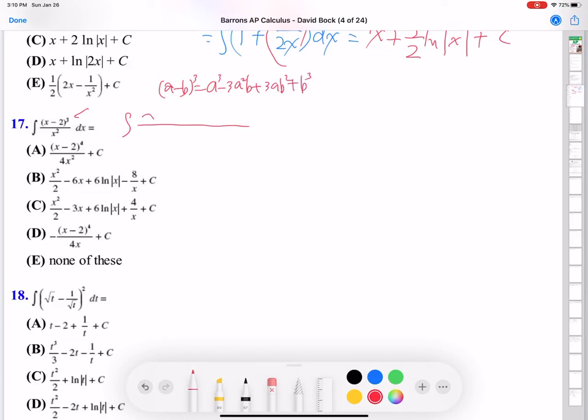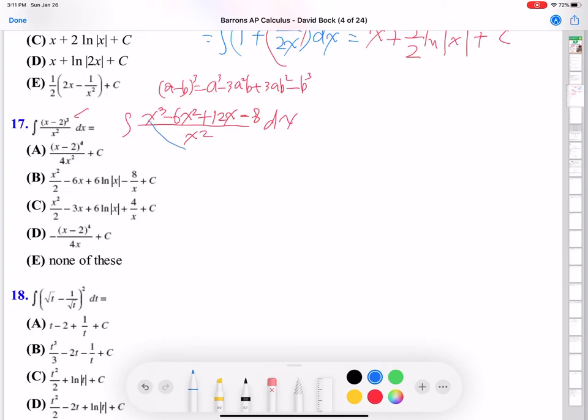So it is x cubed minus 6x squared plus 12x minus 8, over x squared dx.